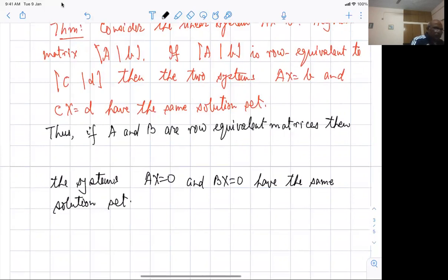So this is a special case because A and B are row equivalent. So I can get B here and things like that and then proceed. Is that okay? So keep track of this.